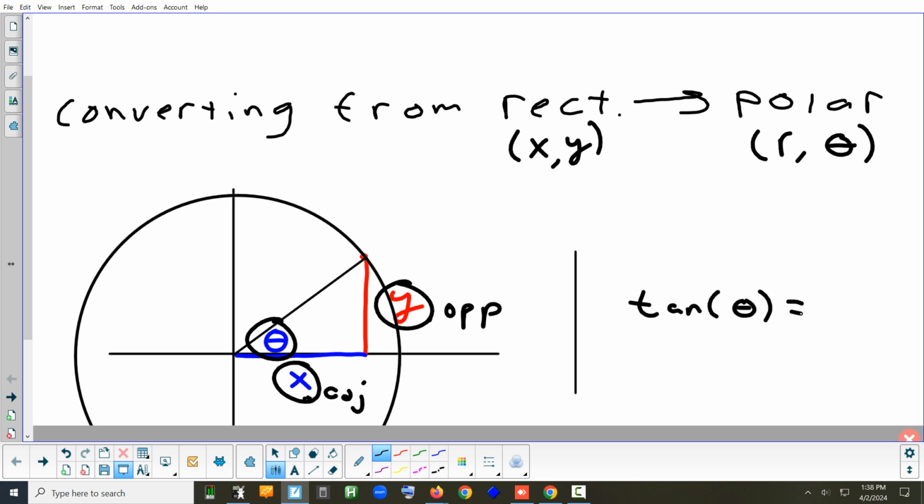Opposite over adjacent. Yep, so y over x. But now we've got to get rid of tangent, and we got to get theta by itself. So how would we get theta by itself? Inverse tangent. Yep, and we'll write that down nice and neat on the next page. Okay, but that's basically the two things that you need to convert to polar. You need the Pythagorean theorem for the radius, and we're going to need inverse tangent for the angle.